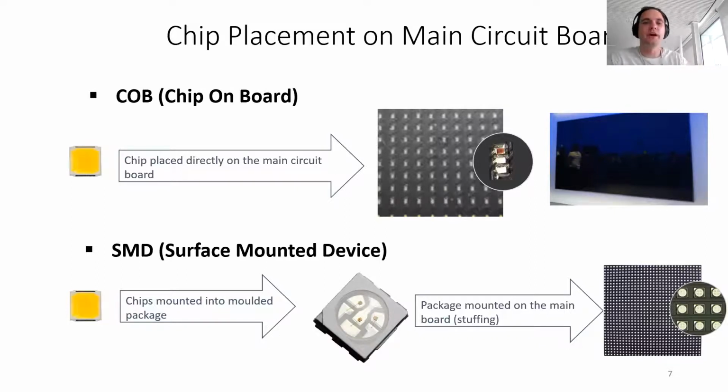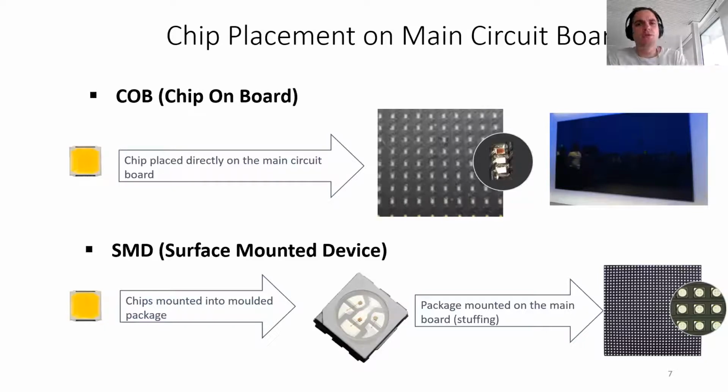First, all the diodes are packaged together in a small assembly like mini components, and then all those packages are stuffed separately onto the main LED board. So there's one extra step in the manufacturing process, and that's also one of the reasons that is one of the advantages, let's say, of chip on board.